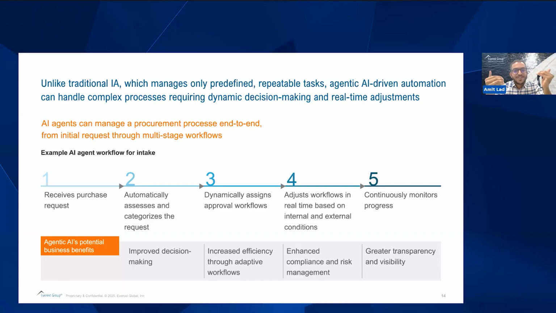These AI agents will be able to dynamically adjust the workflows in real time, taking into consideration both external and internal conditions that are causing these bottlenecks, and will continuously monitor the progress so that not just is the process streamlined, but also the user experience is enhanced at the end of the day.